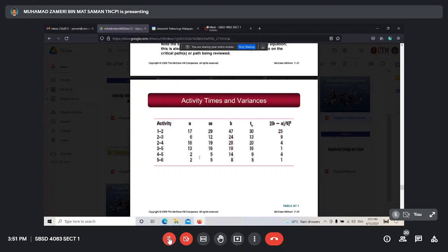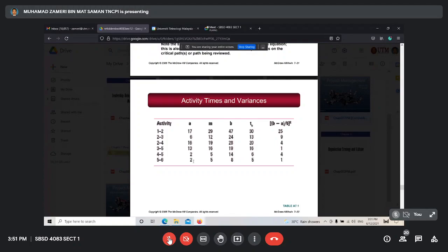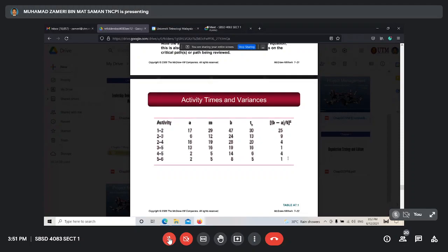Then 14 minus 2 is 12, 12 divided by 6 is 2, 2 squared is 4. For this activity: 2 plus 4 times 5 plus 8, divided by 6 is 5. Then the standard deviation: 8 minus 2 is 6, divided by 6 is 1, 1 squared is 1.